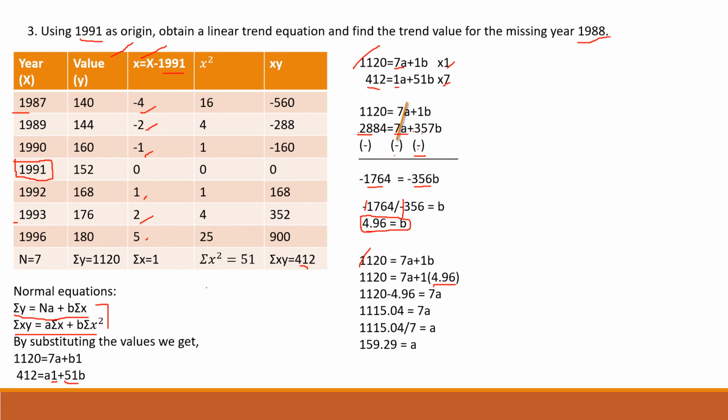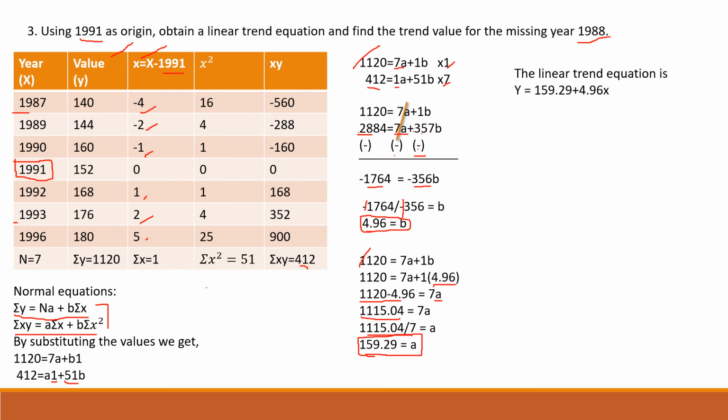Taking 4.96 to the other side, it becomes minus: 1120 minus 4.96 equals 7a. 1120 minus 4.96 is 1115.04 equals 7a. So a equals 1115.04 divided by 7, which is 159.29. So we got the two constant values a and b by solving the equations simultaneously.